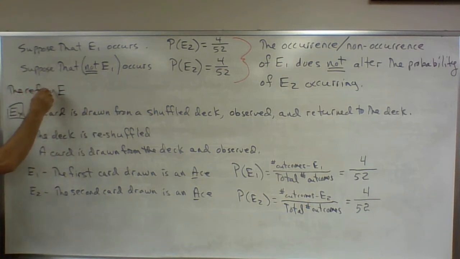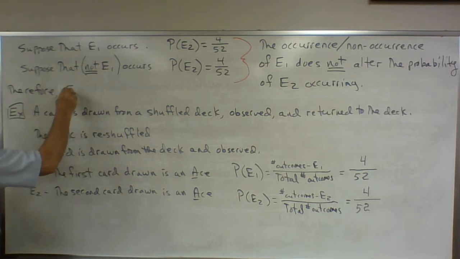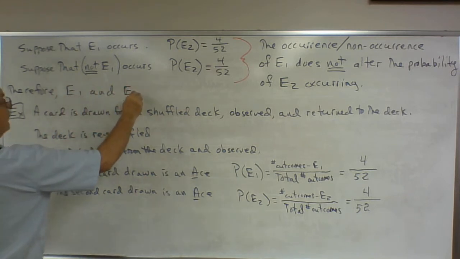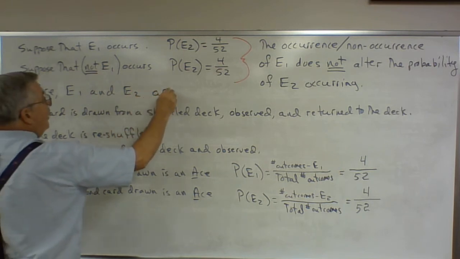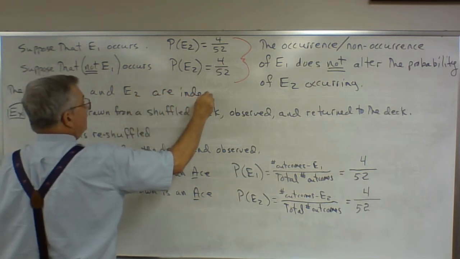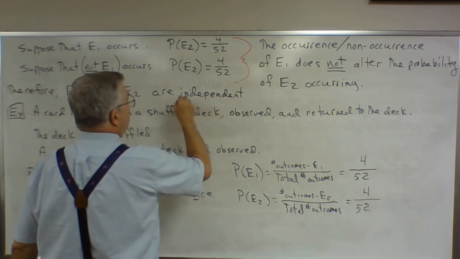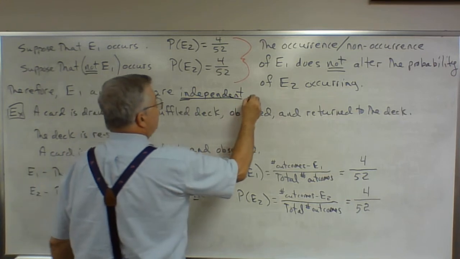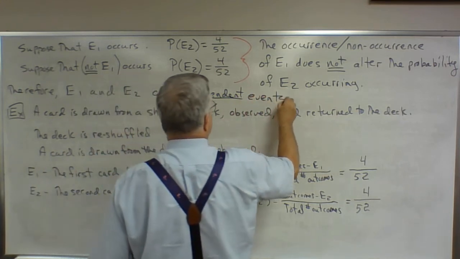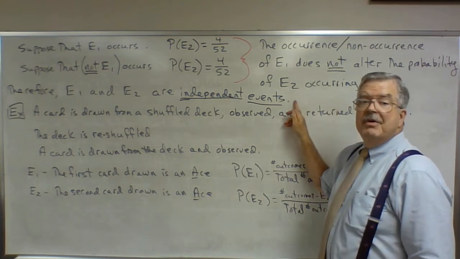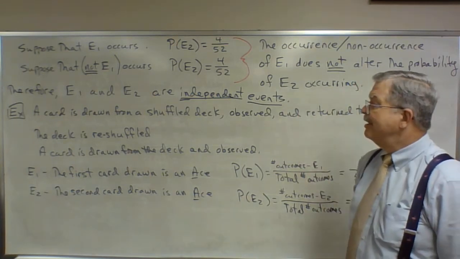Therefore, E1 and E2 are independent. E1 and E2 are independent events.